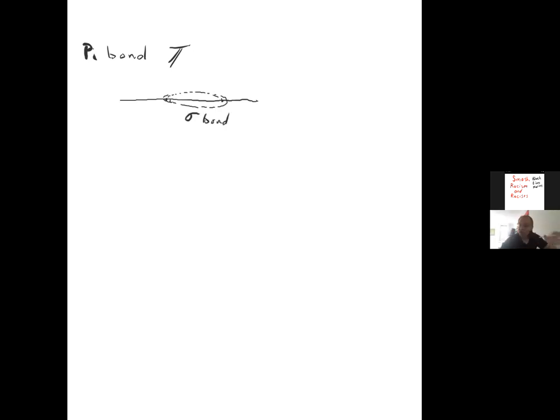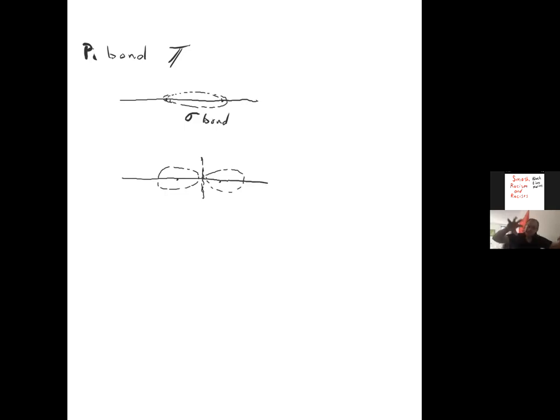Now that also works for a sigma star bond, because your sigma star bond looks like this. You can still draw a line. There's no nucleus there. There's your node. You can still draw a line that goes through the orbital and through the nuclei.